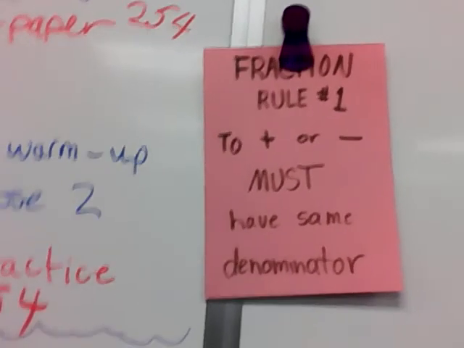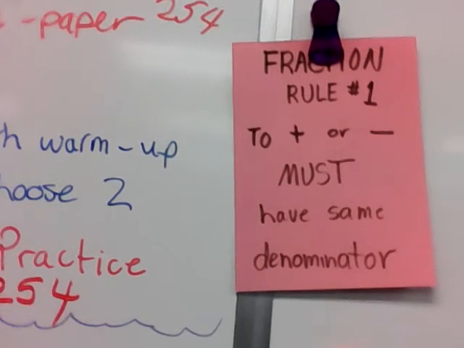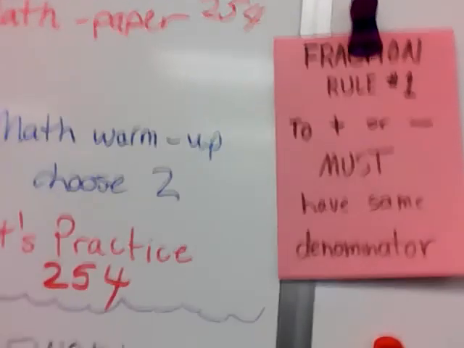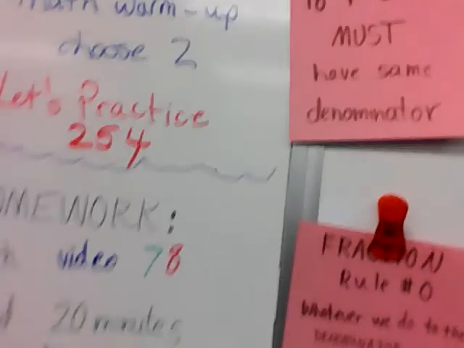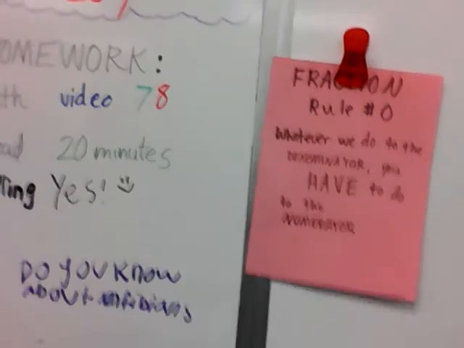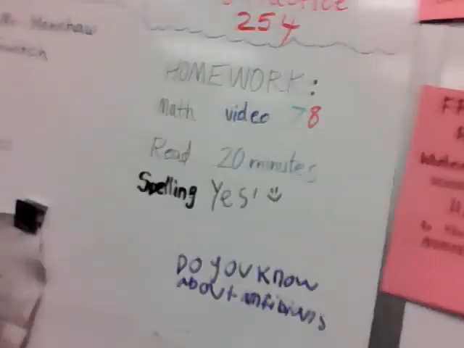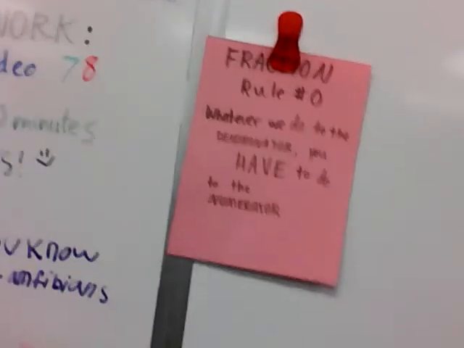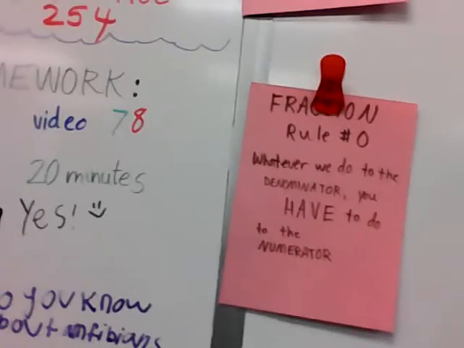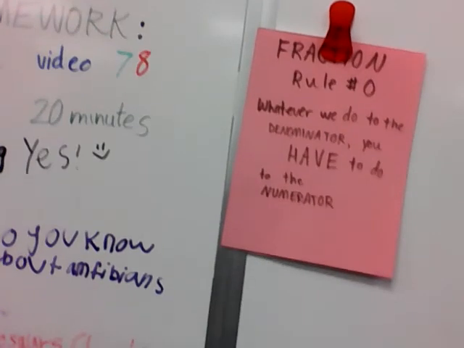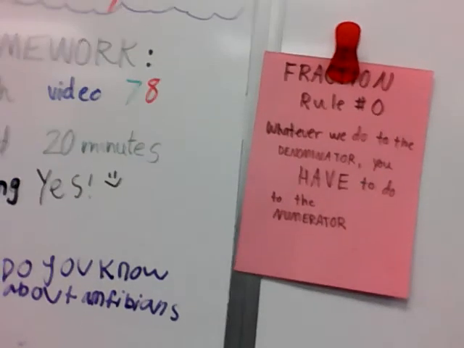Fraction rule number 1. In order to add or subtract, we must use the same denominator. And then below it, fraction rule number 0. Whatever we do to the numerator, we must do to the denominator. There's a good view of that. Always remember that when we're working with fractions, and things will work out fine every time.